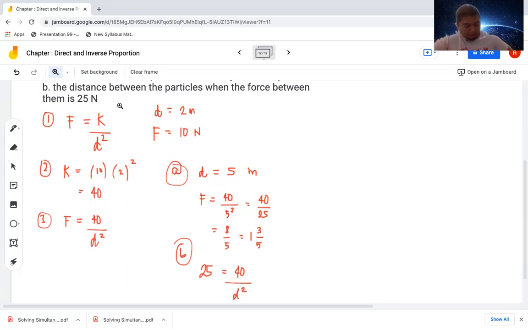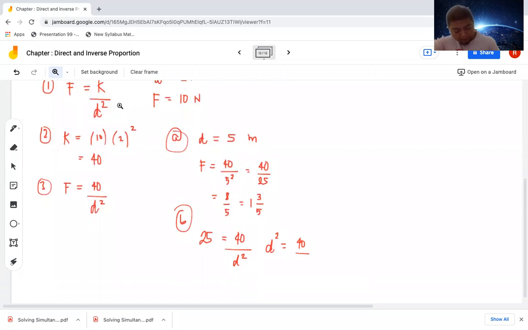So what you need to understand next is to find the value of d. So this is going to give you d squared is equivalent to 40 over the value of 25.